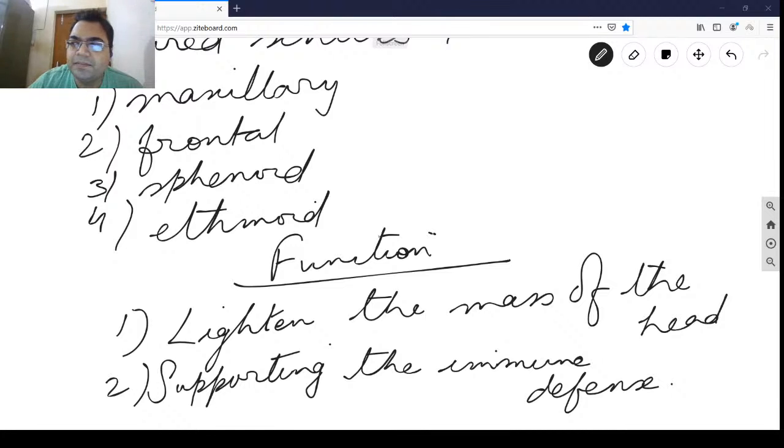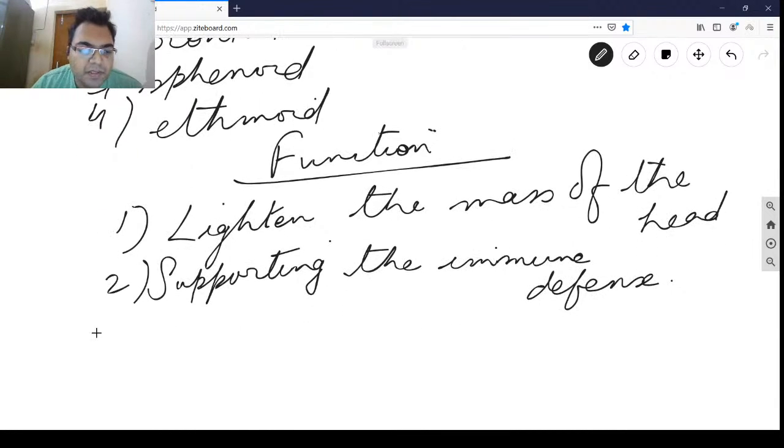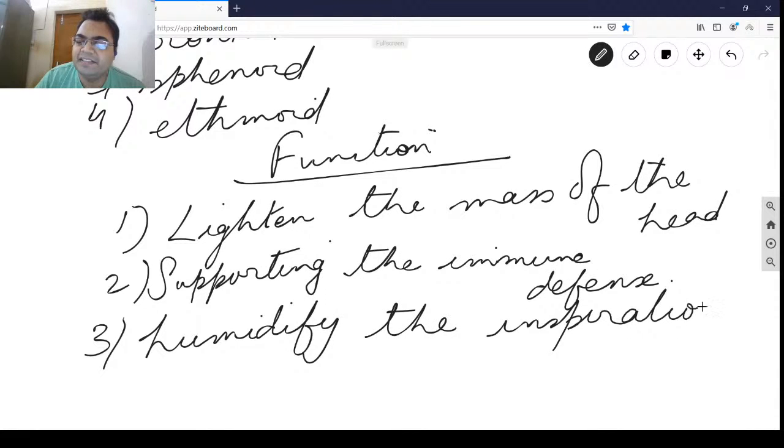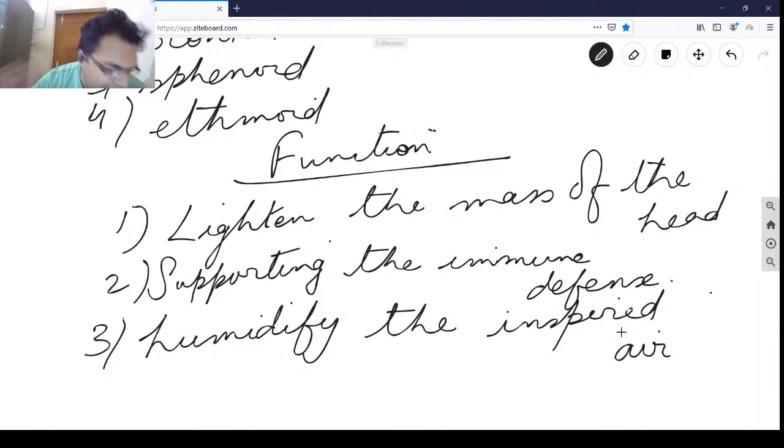It helps to humidify the inhaled air, the inspired air.